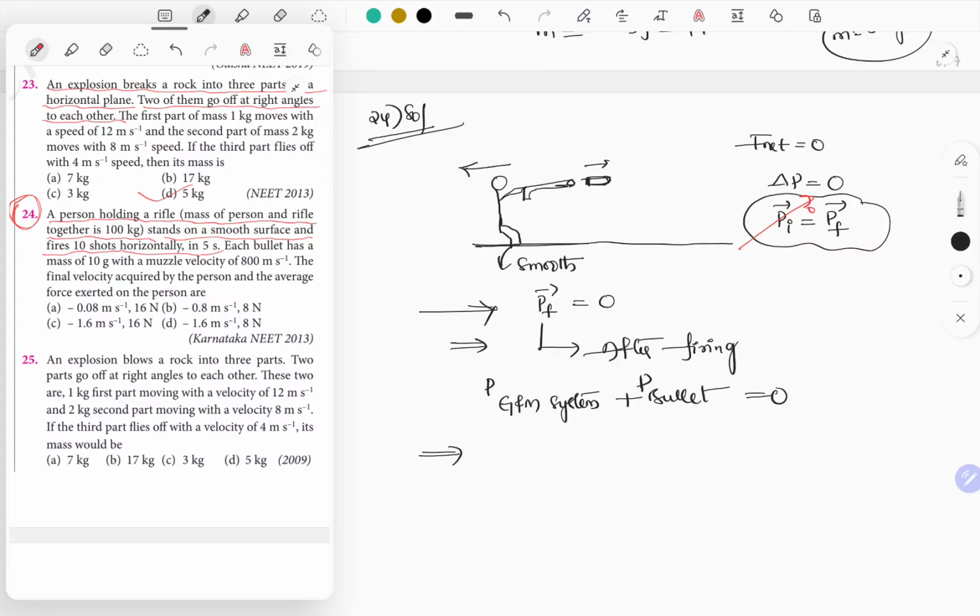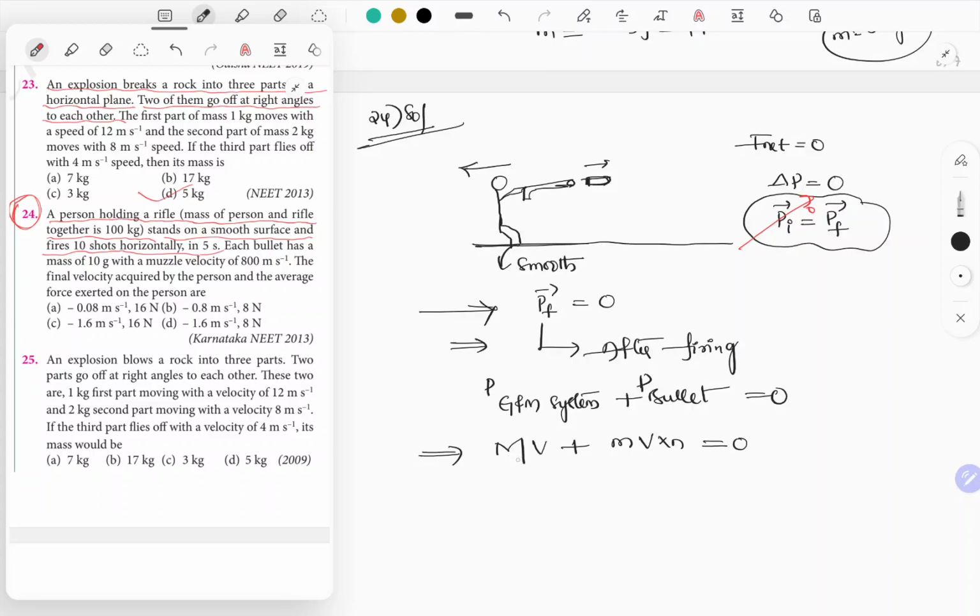There won't be much change in the mass of the gun and man system, which I am representing with capital M into V, velocity of the gun. Next, mass of the bullet into velocity of the bullet. Here it is not only one bullet, there are some n bullets coming out. That's the reason I must represent it with n.